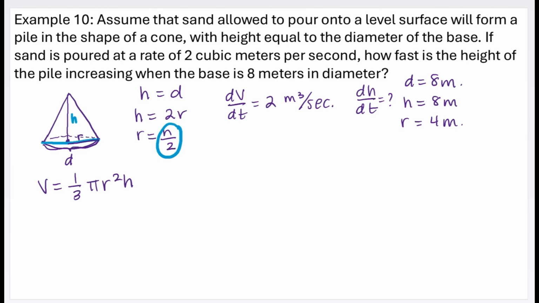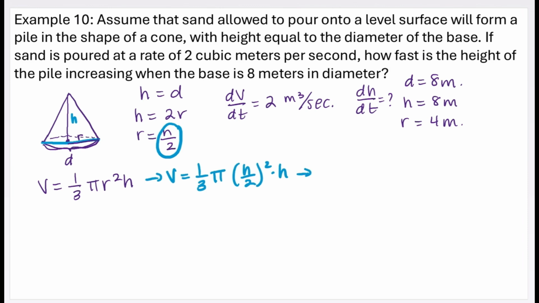That way, I will only have h's in my formula because that's what I'm trying to find. I'm trying to find dh dt, and I don't know dr dt. So I'm going to rewrite my formula to only have h's in it. So volume equals 1/3 pi times h over 2 squared times h.